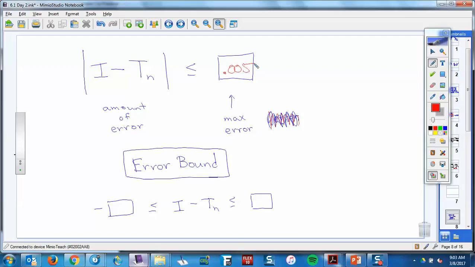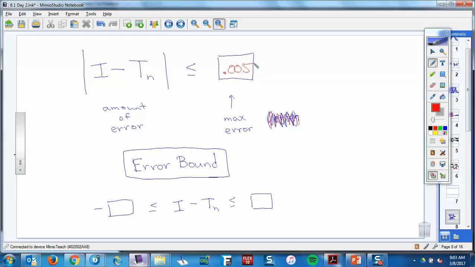If it doesn't know the exact answer, that's what we're going to get to tomorrow. If I want my max error to be this, that means I've got at least 2 decimal places of accuracy. Now, I might have more. That's how the calculator does it. How does it know it's got 12 decimal places of accuracy if it doesn't know the exact answer? Well, the way it's going to know is the max error. This is the most we can be off.